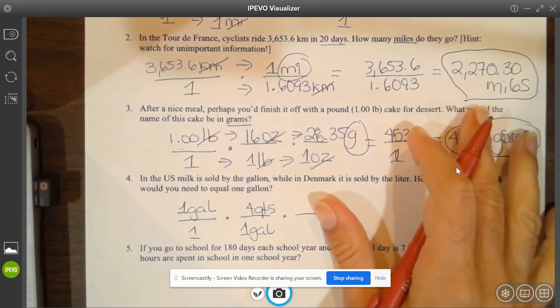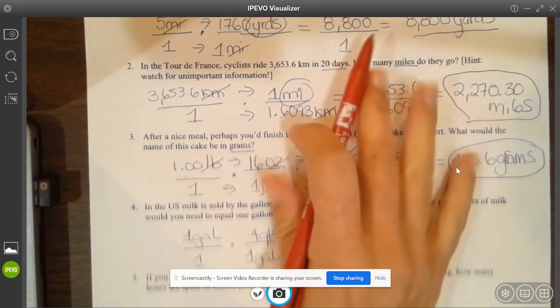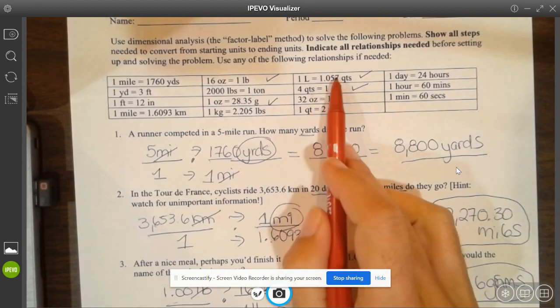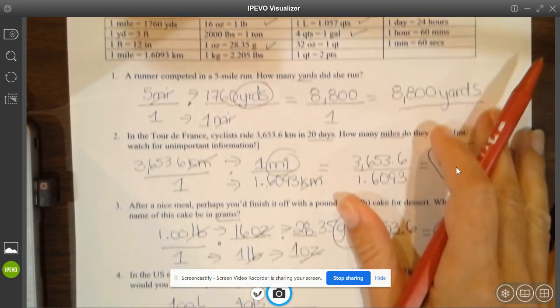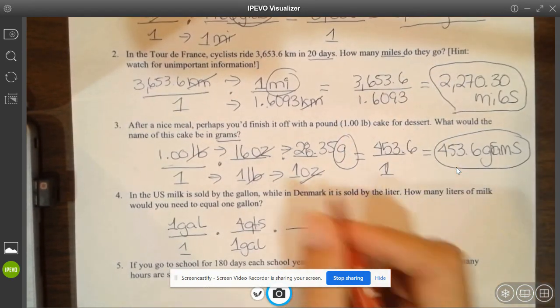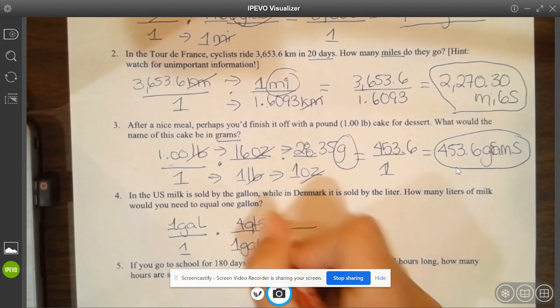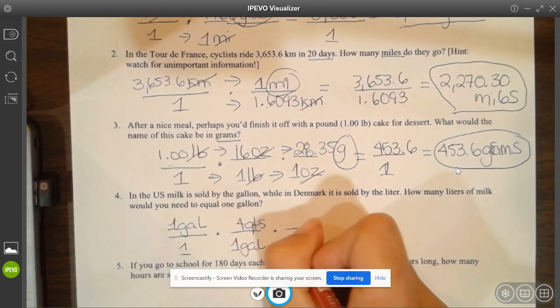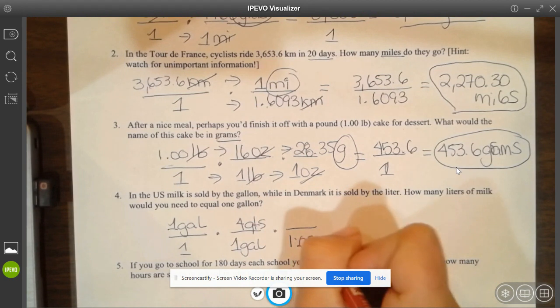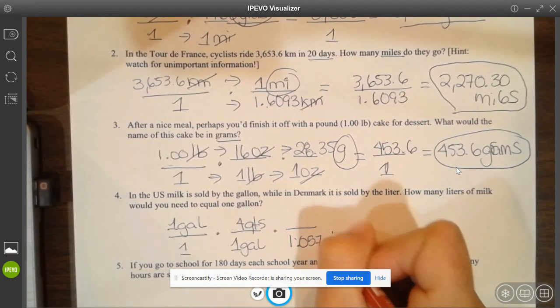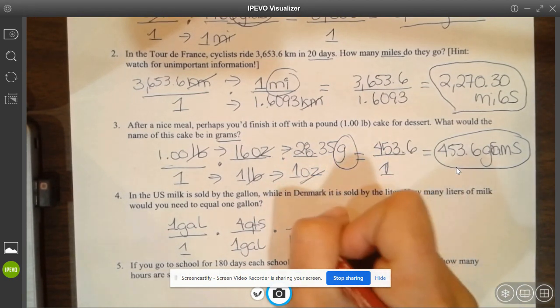We want 1 liter. So we have the next one, which is 1 liter equals 1.057 quarts. Okay, let's set that up. So that's 1 liter, but quarts I'm going to put on the bottom to be able to cancel it. 1.057 quarts, and then equals 1 liter.